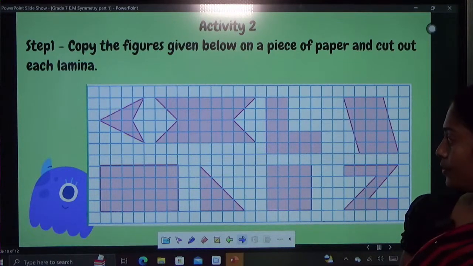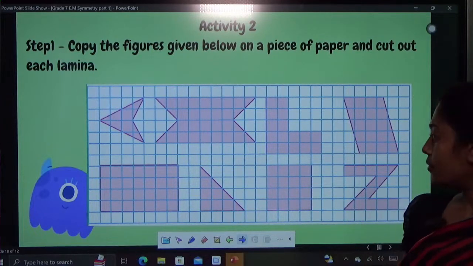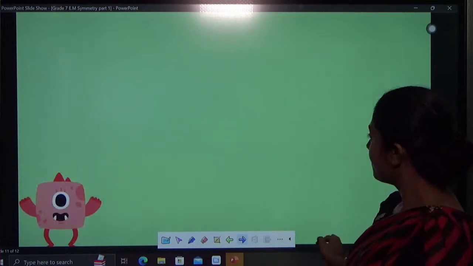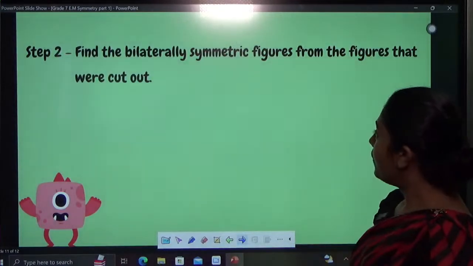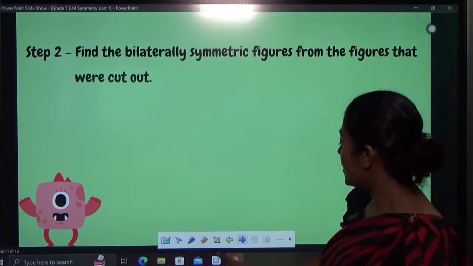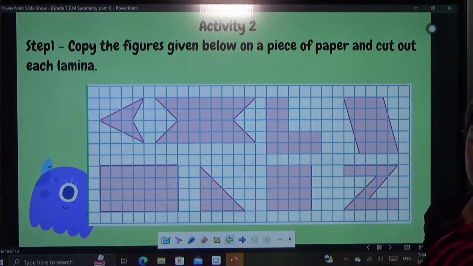That is easy for you if you are using square ruled paper. You have to cut out all those figures, and next step, find the bilaterally symmetric figures from the figures that were cut out. Out of these 8 figures, you have to find the bilaterally symmetric figures by folding them, right.